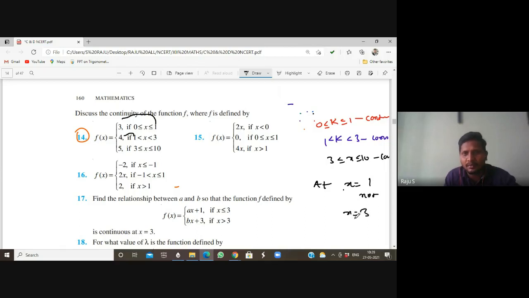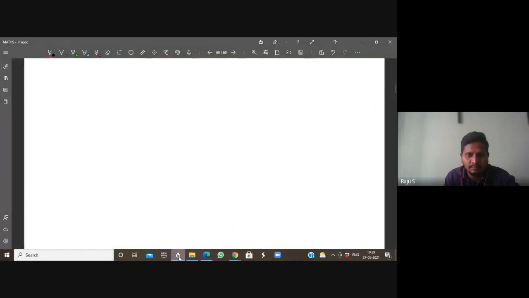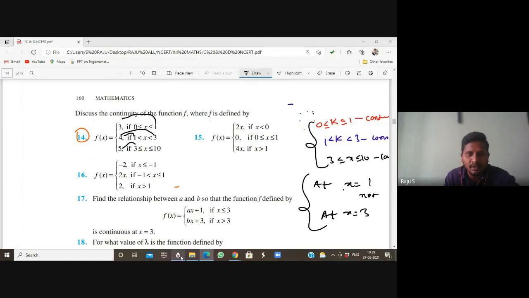Now at X equal to 3, left hand continuity is 4, right hand continuity is 5, not continuous. So in these 5 cases you need to write. Is it clear? Can you write all these 5 cases?